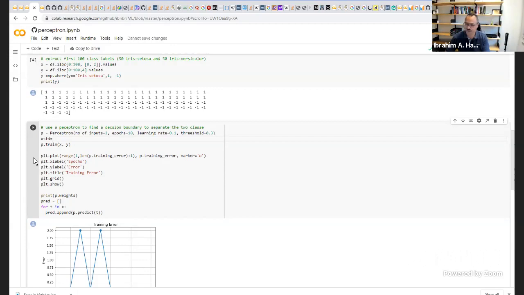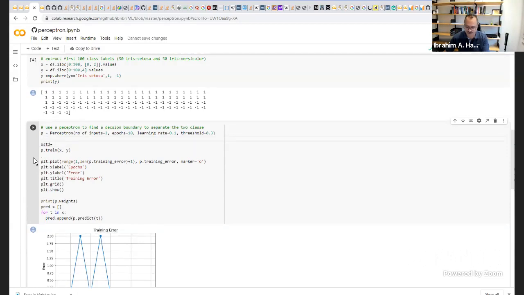If you can see my screen, we need to standardize the data set. The feature input, the feature vector, we need to standardize it. So we need to implement it.